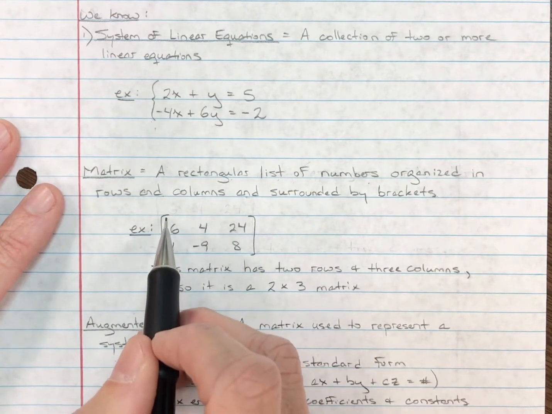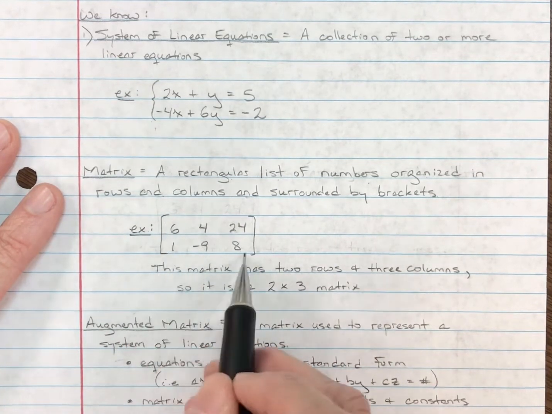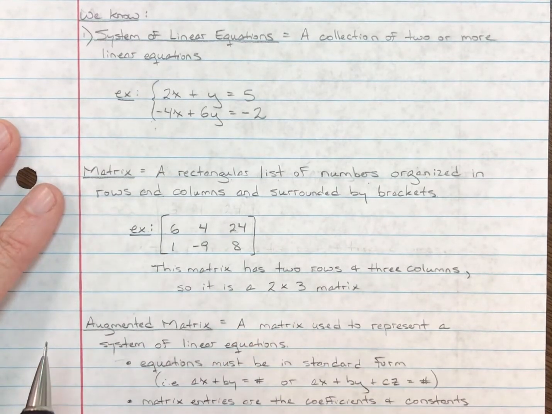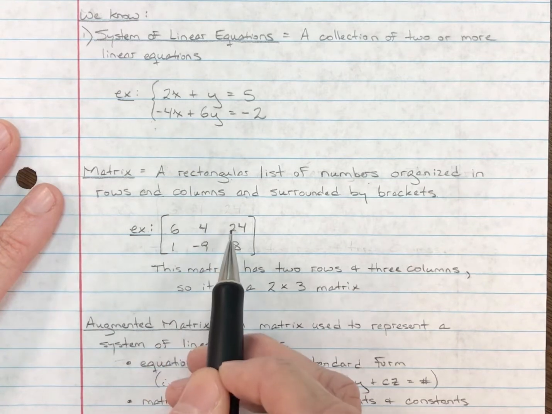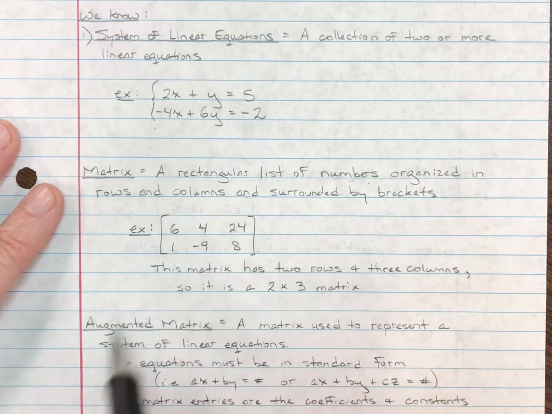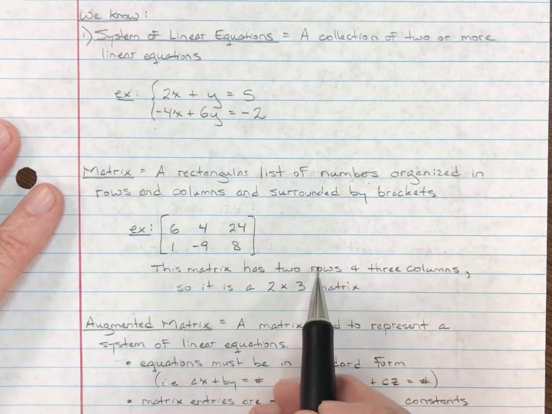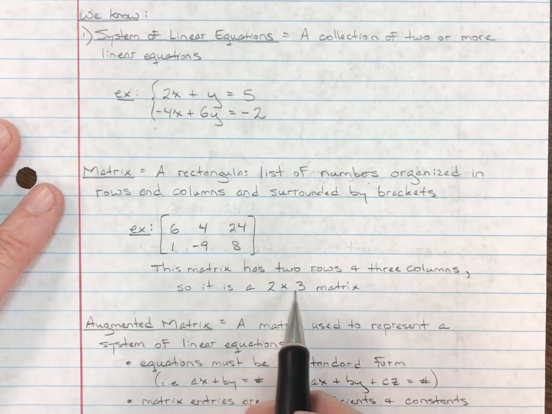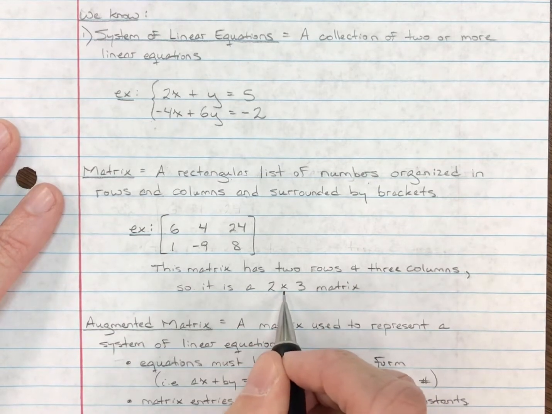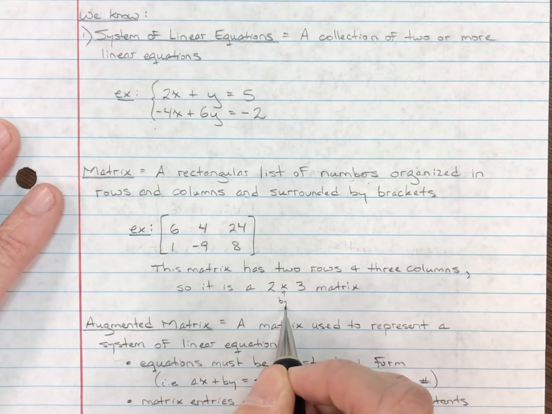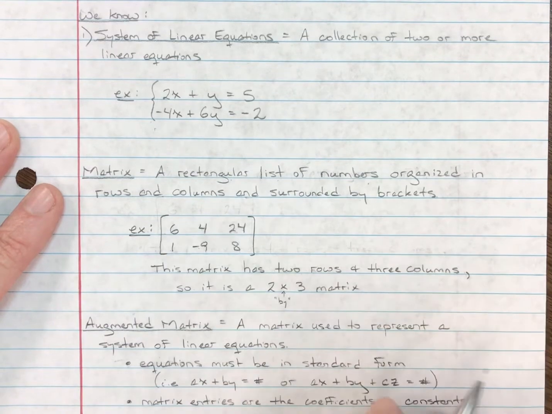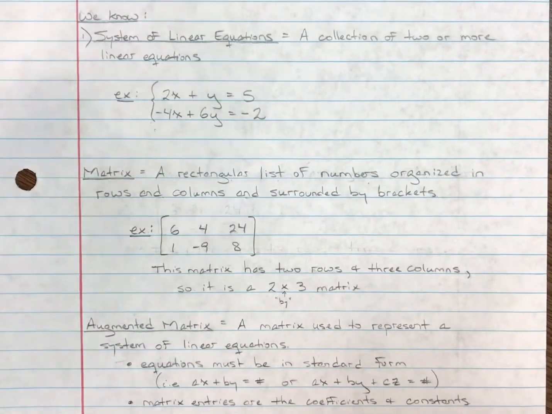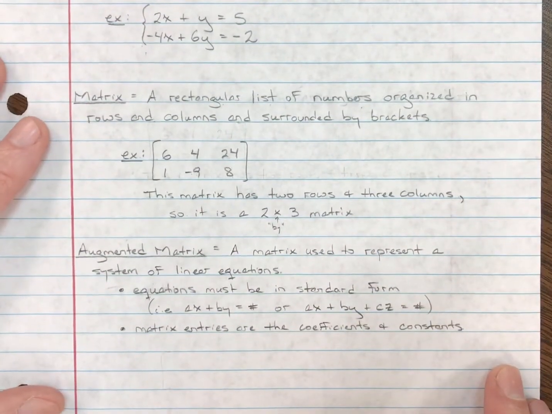In this case, the rectangle is 2 rows and 3 columns, and I have numbers inside: 6, 4, 24, 1, negative 9, 8. This matrix has 2 rows and 3 columns, so it is a 2 by 3 matrix. This little times sign is the word by. 2 by 3 matrix.